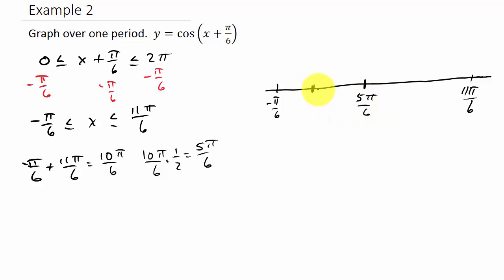And then I need the midpoint here. So that's going to be negative pi over 6 plus 5 pi over 6. See that? Add this and this to give me that midpoint. So that's going to be 4 pi over 6, and I guess we can go ahead and reduce it. That's 2 pi over 3.